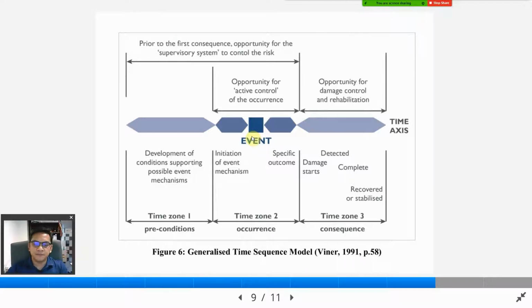That is the event. Right before the event, there is this period, the initiation of event mechanism. If you refer to the loss causation model, this is called immediate cause. What causes the event to happen at that moment of time, right before the event?